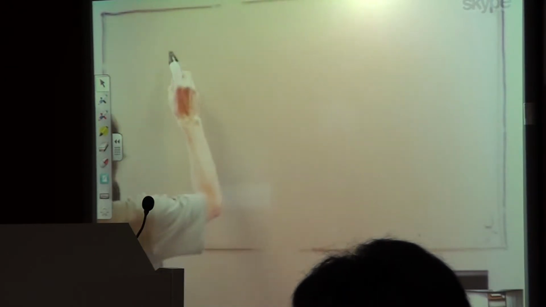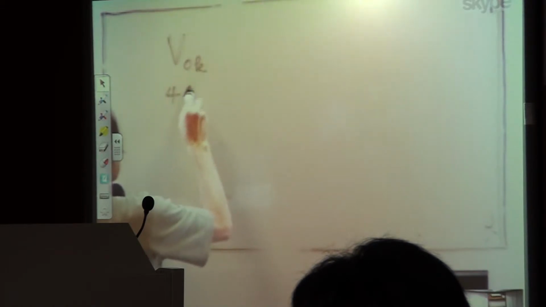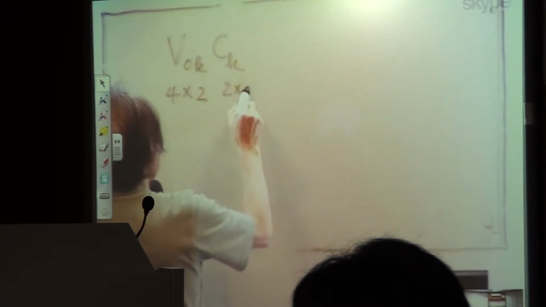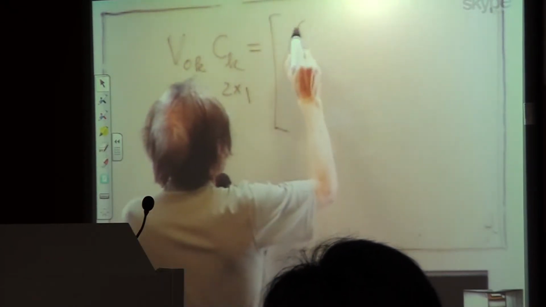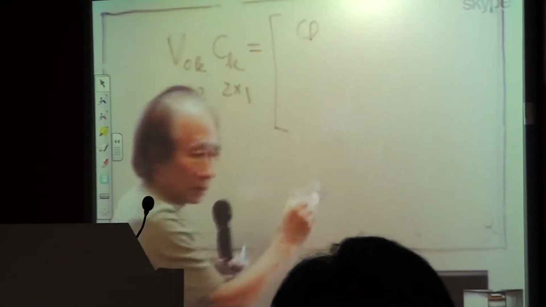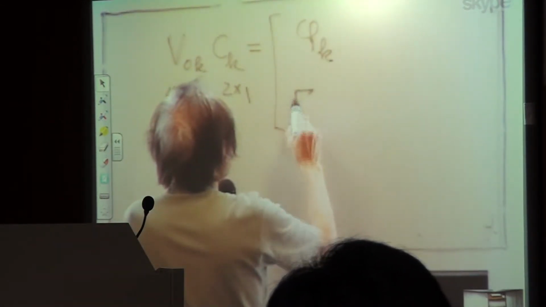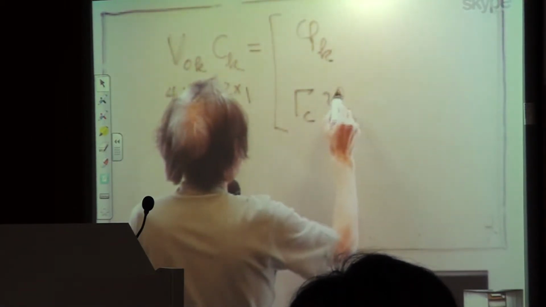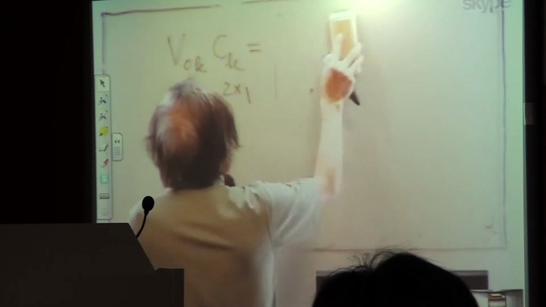I'll give you an example. If my V0K is 4 by 2, that's how I got it, right? Times the CK, which is 2 by 1. For this case, I have this phi K, that's my psi K, and this FC times my psi K. Let me write again, sorry.